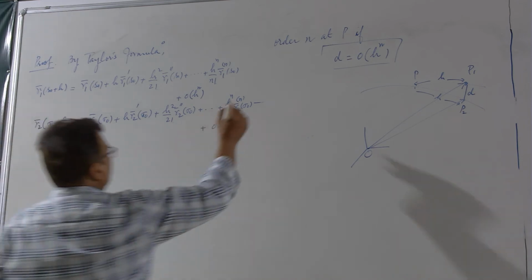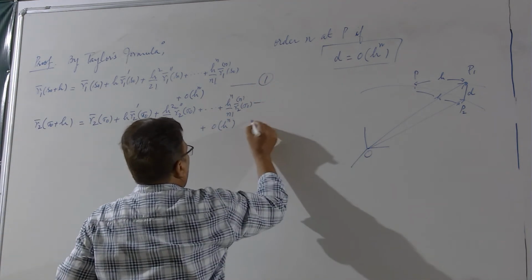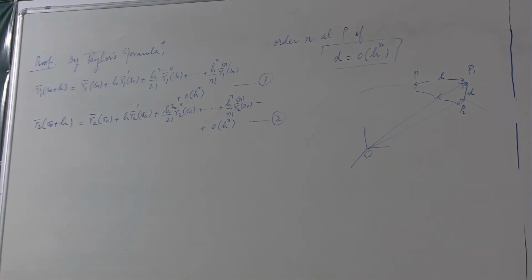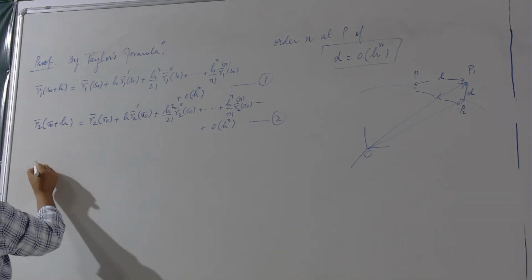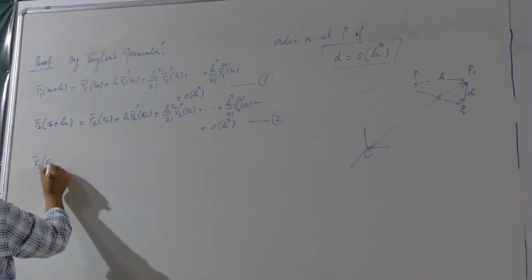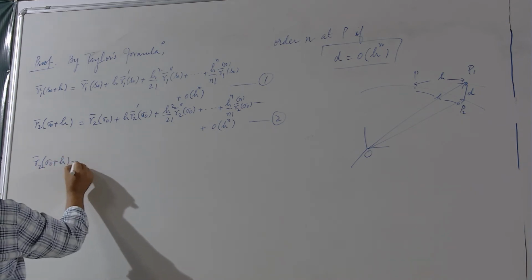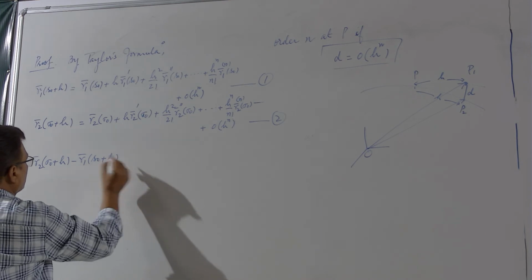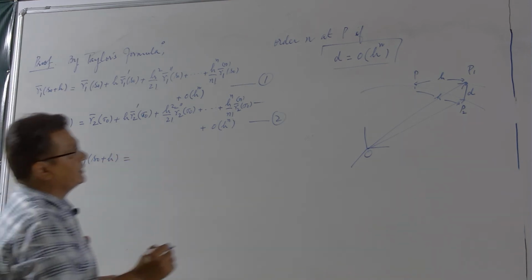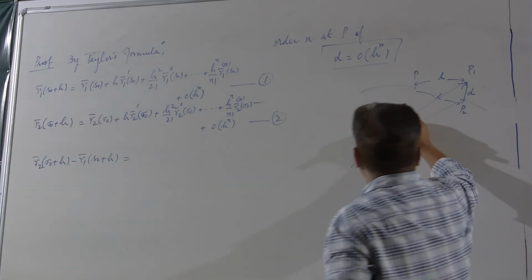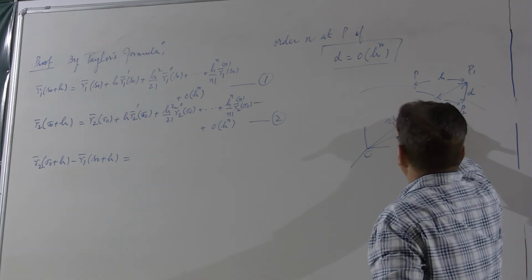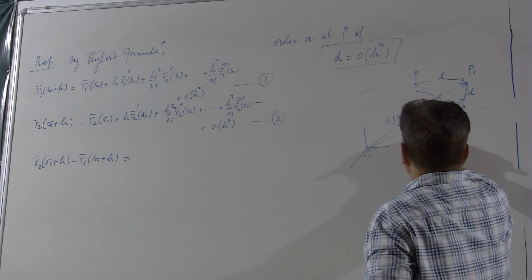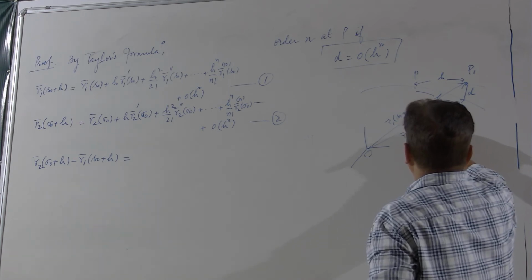Now, if you subtract 1 from 2, r2(sigma0 + h) minus r1(s0 + h), this is r1(s0 + h), and this is r2(sigma0 + h).